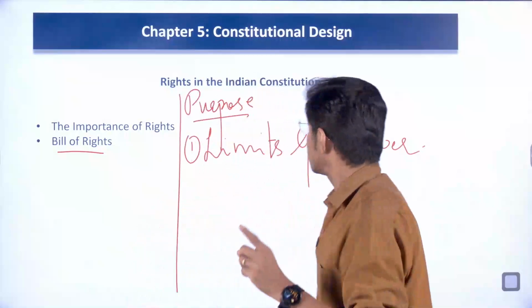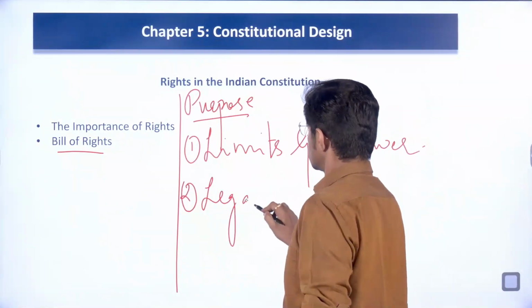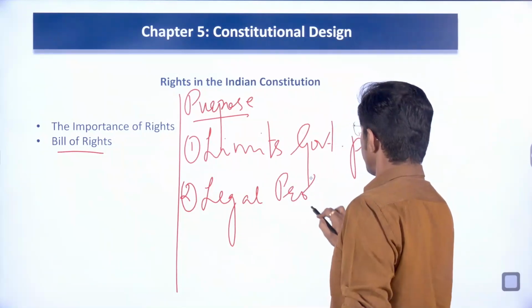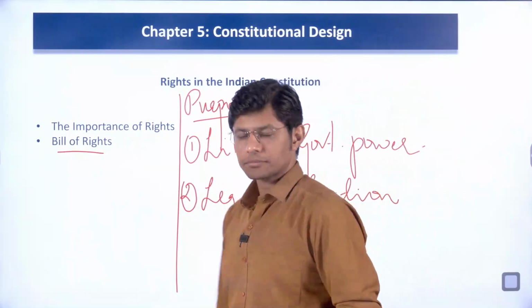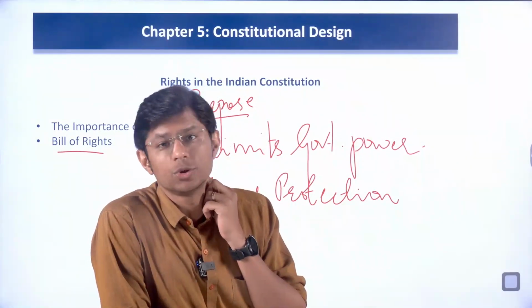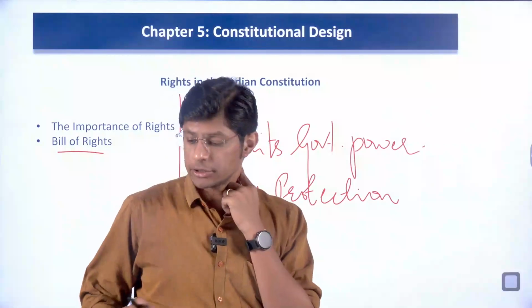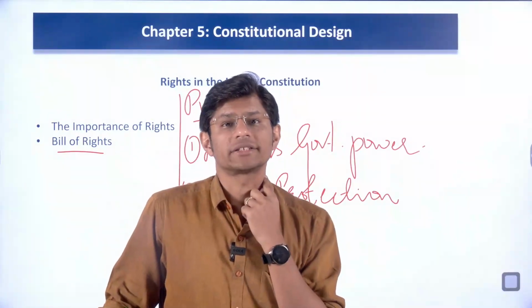Second, it provides legal protection, which means if the rights are violated, the citizens whose rights are violated can approach the judiciary. So this is the purpose of Bill of Rights.